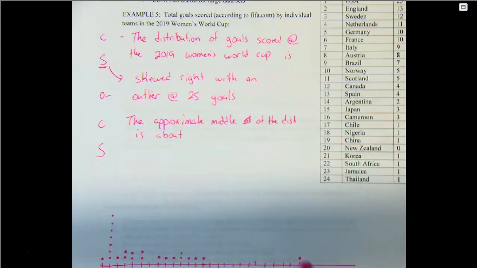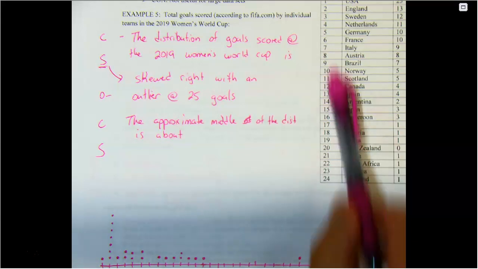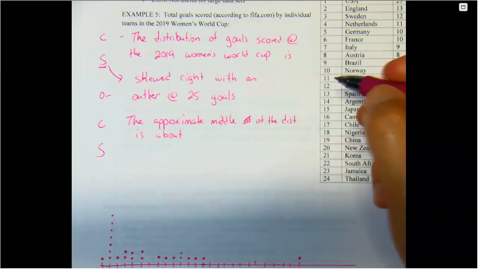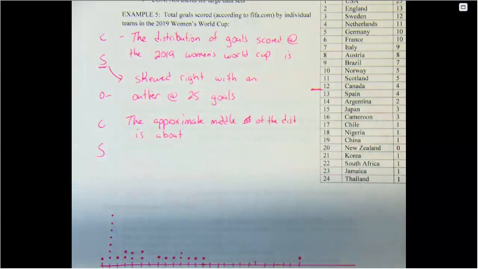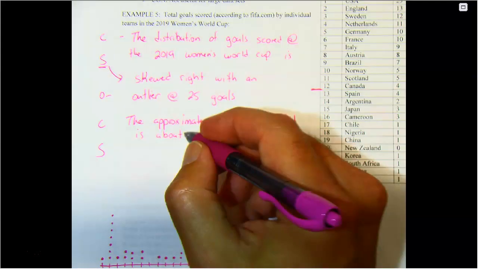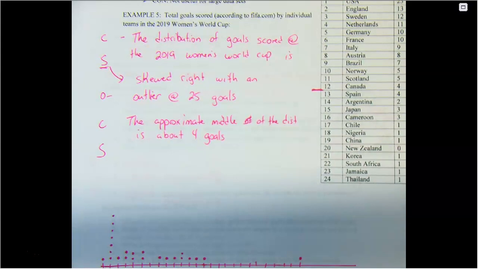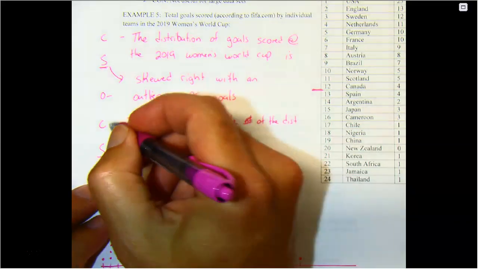It's going to have a great impact on my mean, and it makes the mean null as a measure of center. So I need to use the median. I've got 24 countries here. Half of 24 is 12. So between the 12th and the 13th country is going to be my median. Here's 12 and here's 13. That means it's the halfway point between 4 and 4, so about 4 goals. The typical country scored about 4 goals. USA scored 25, New Zealand 0. So we've taken care of that part, and we check that off.